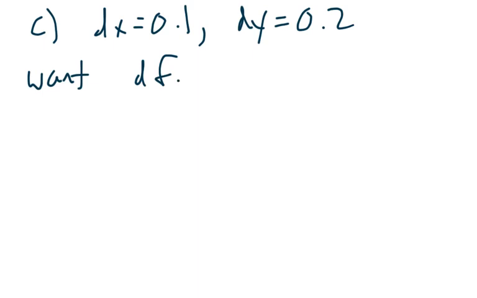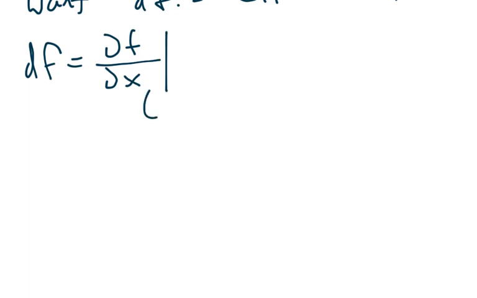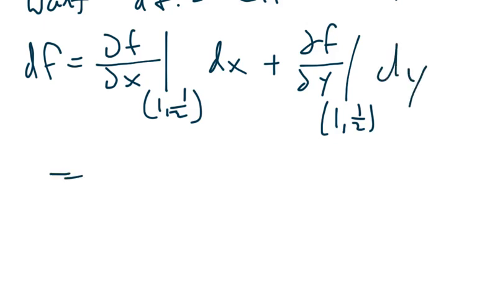And we want df, right? Because this is the error in f. It's going to be a small error. Well, the important part here is the rule for differentials. df is df/dx at 1, 1/2, so this is the point that we want to find the error at, times dx, plus df/dy at 1, 1/2 times dy. Well, we've already found this stuff.